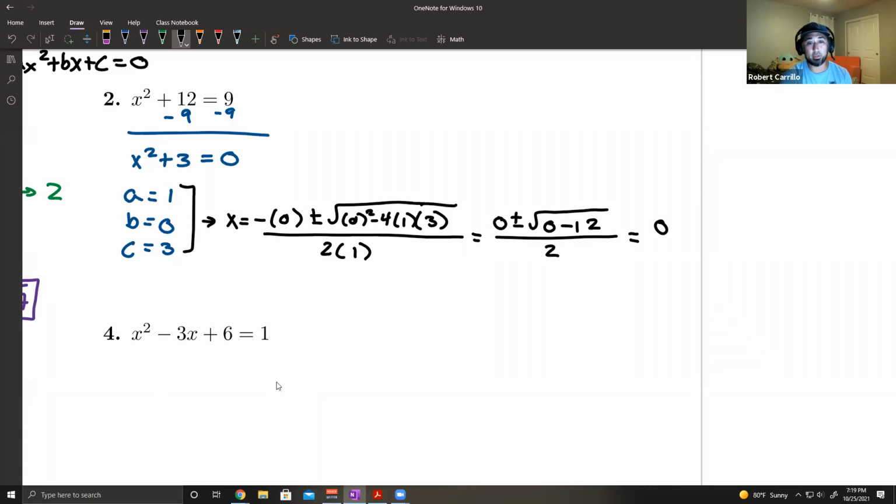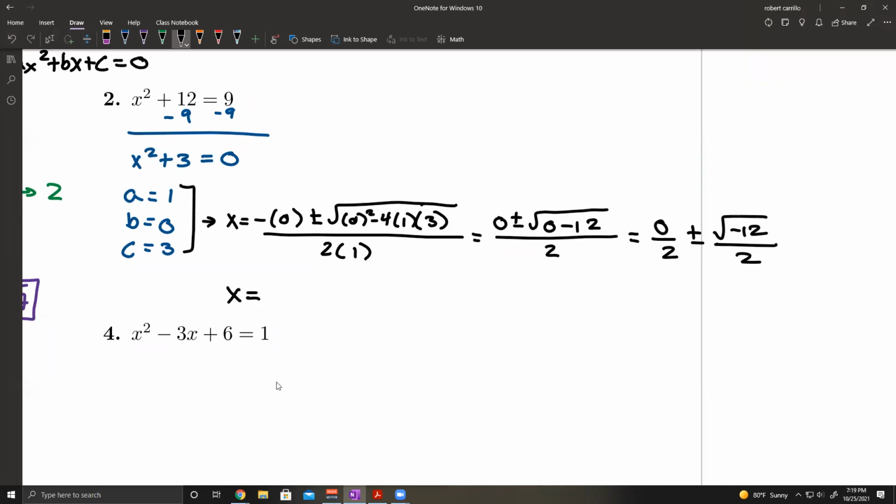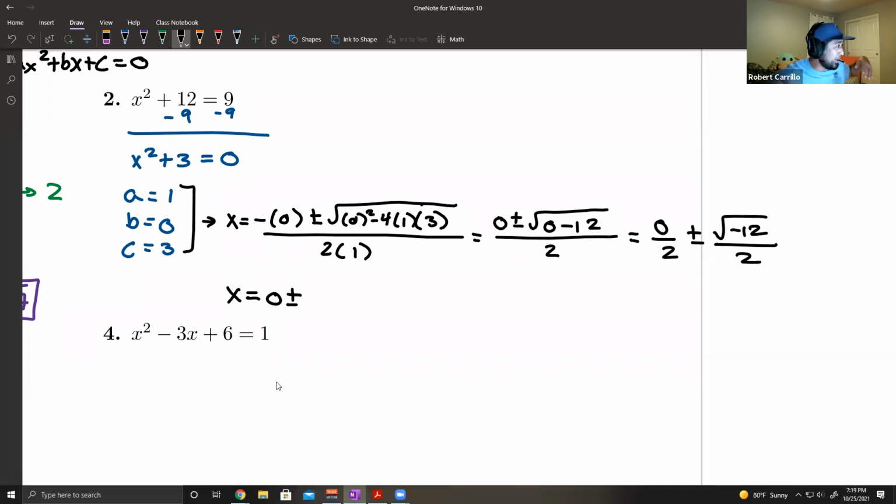You'll have 0 over 2 plus or minus the square root of negative 12 over 2. This 0 over 2 just becomes what? 0. So you get 0 plus or minus the square root of negative 12.